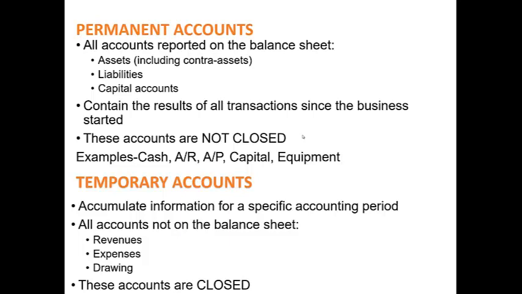So think about the accounts on the balance sheet. We've got cash. We don't zero out our checking account at the end of the year. We just carry the balance over. Accounts receivable. We're going to maintain that customer account on our books. We're not going to zero it out and tell them that they don't owe us money. We're going to carry it over.